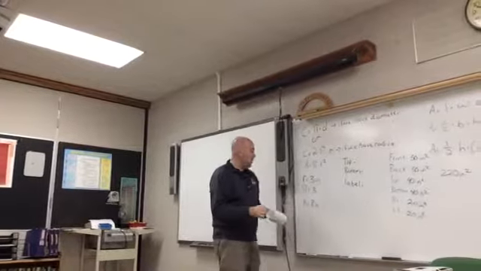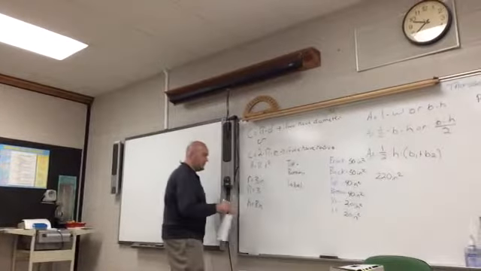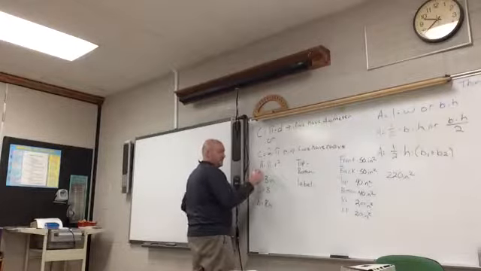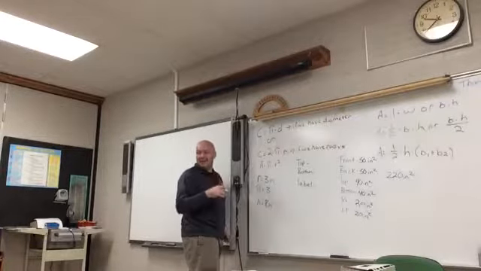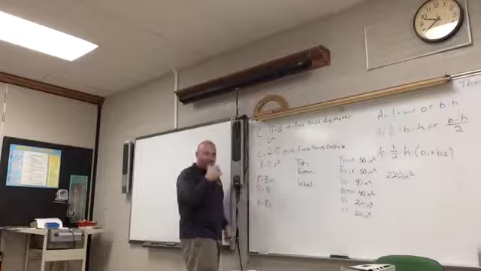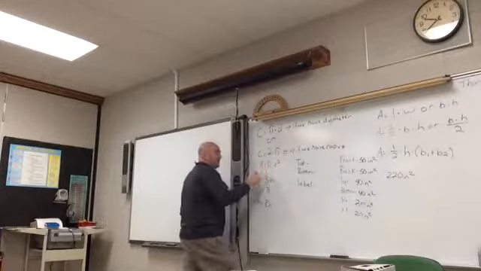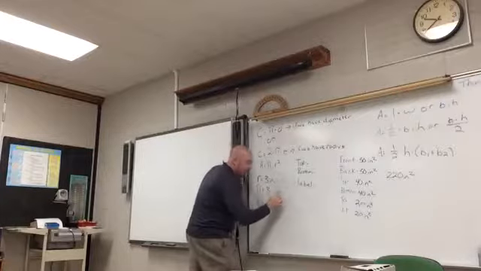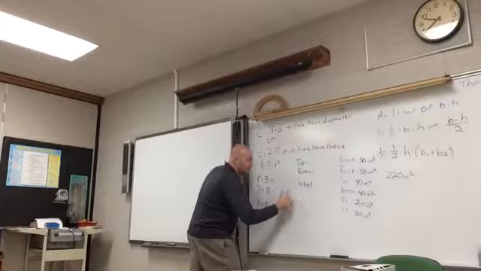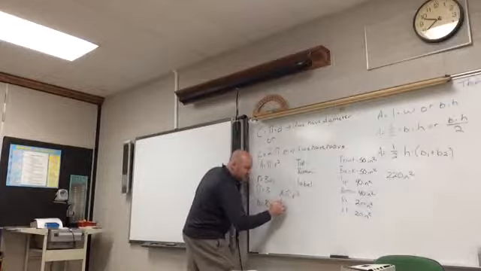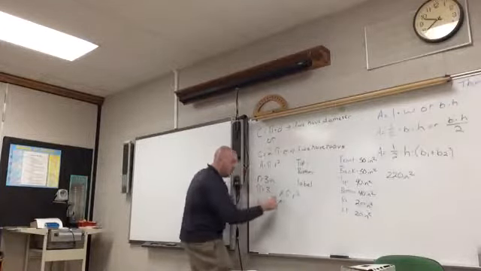Okay? So, yes, I did. Now you'll be happy because when you watch the video, it'll be on there for you. Okay? So, let's plug in the right numbers. A equals pi times the radius squared. What did we say pi was? 3.